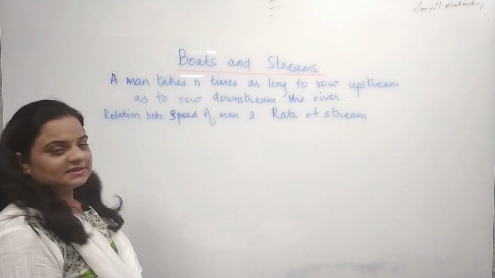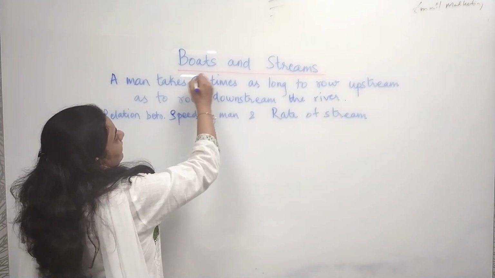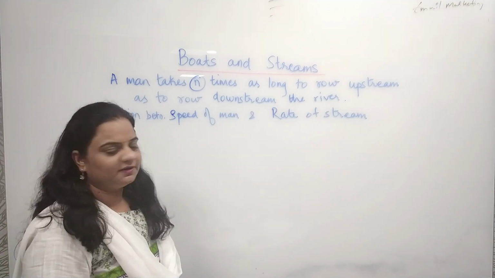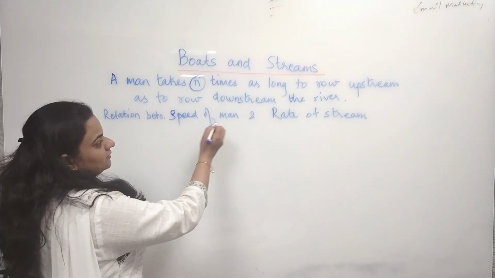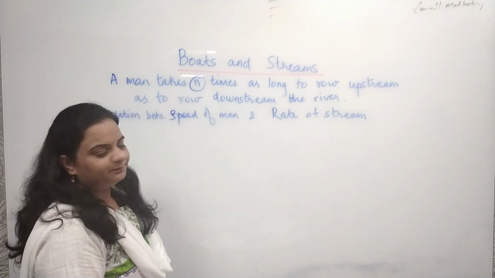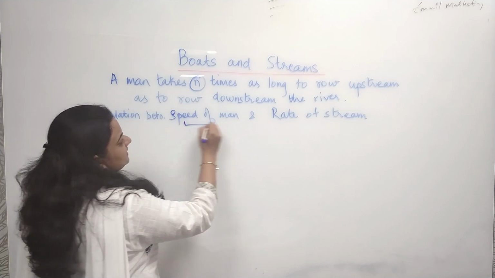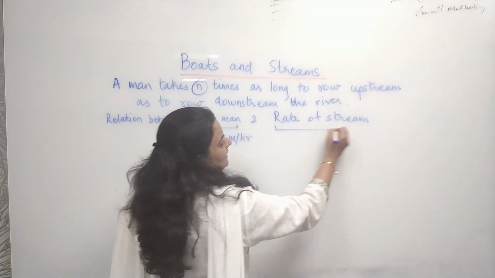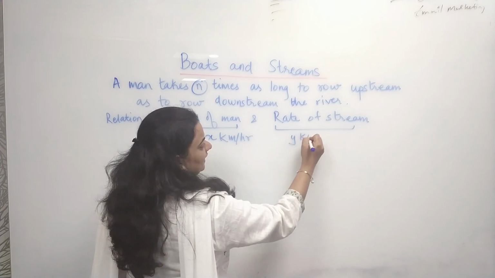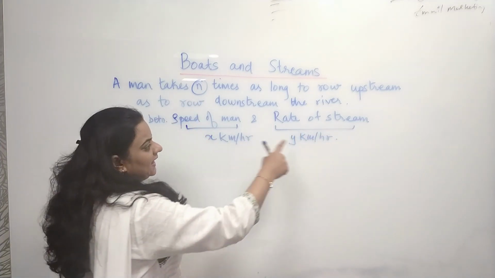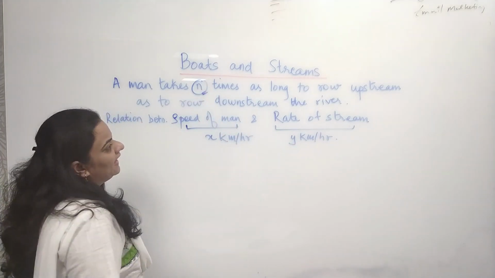A man takes n times as long to row upstream as to row downstream the river. Then what is the relation between the speed of man and the rate of stream? Let us suppose that the speed of man is x km per hour and the rate of stream is y km per hour. Then we need to establish a relation between x and y in terms of n.